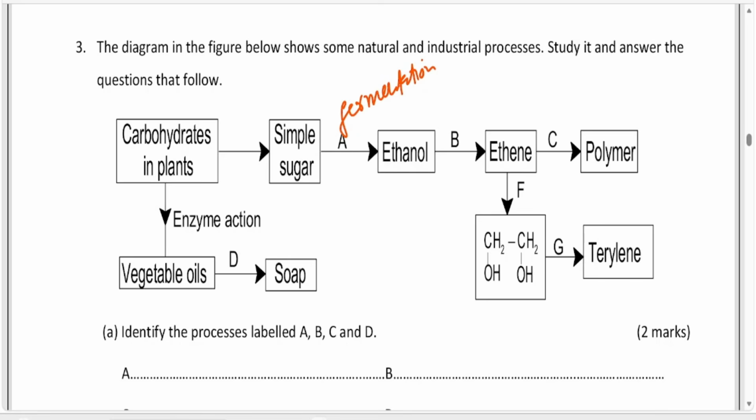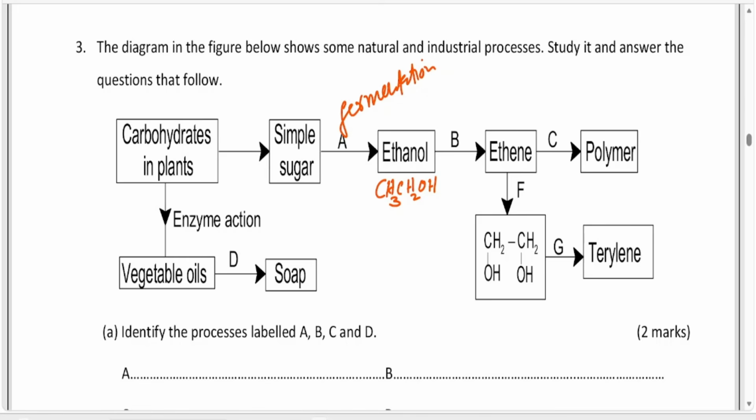The formula of ethanol is CH3CH2OH. You can still write C2H5OH.